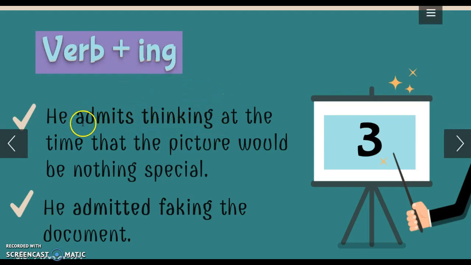But in this case, the first verb is not in past, but the context of the sentence gives us information about the action, and that was in the past. You can see this expression, at the time, that was an action in the past.